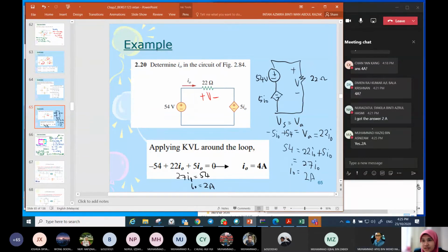Yes, 2, right, Haziq? So this one is wrong. So I naught is equal to 2.